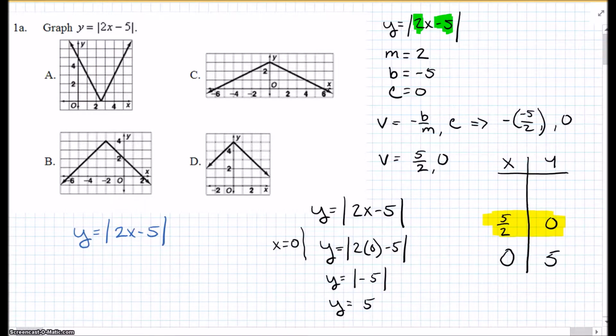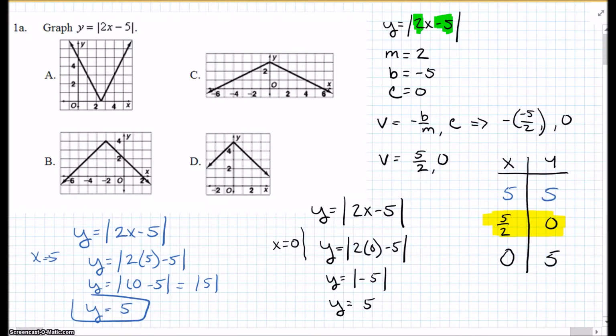Let's pick a number above 5/2. Well, 5's a pretty easy one to plot. So when x equals 5, what do we get? y equals the absolute value of 2 times 5 minus 5. So y is going to equal 10 minus 5, which is the absolute value of 5. So y is going to be 5.